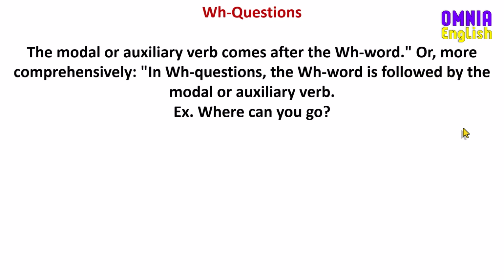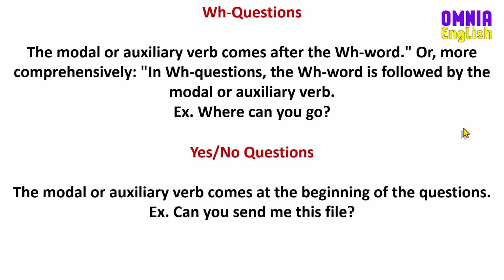What about questions? So what about questions with auxiliary or modals? When we want to use a WH question, we put the auxiliary after the WH word, for example, where can you go? So we use can after the WH word. What about yes or no questions?